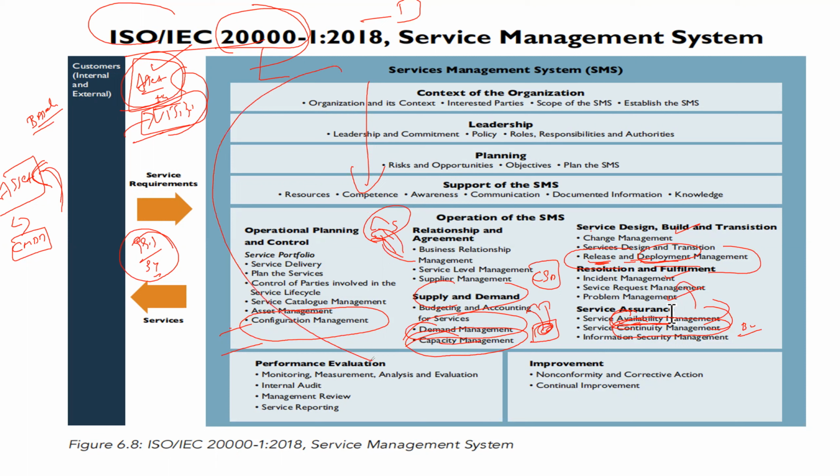Whenever I implement any solutions, we are operating the SMS, but we have to evaluate the performance. We have to monitor the implemented solutions, measure them in terms of metrics, and analyze them. We have to make sure everything goes as per the plan. And then management has to review it.